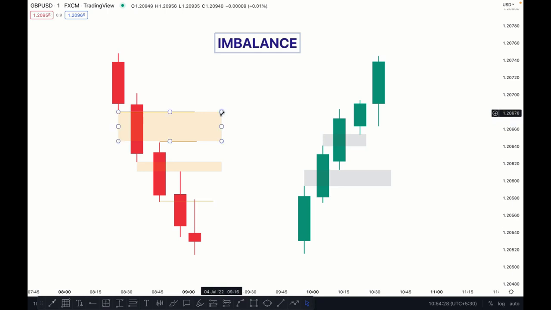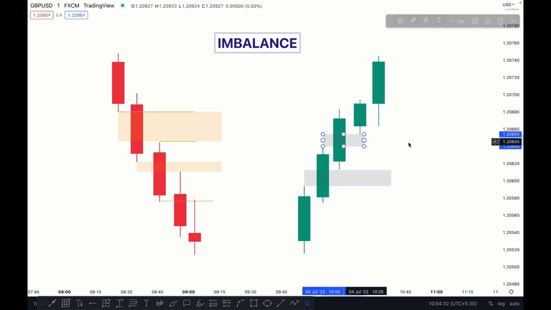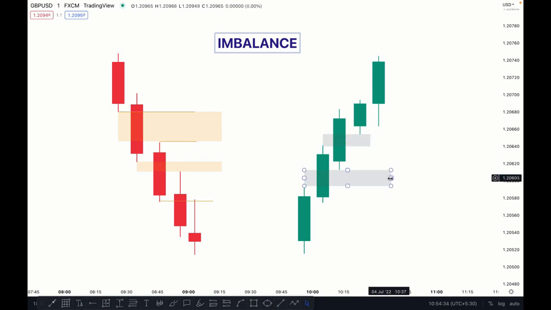Here you can see this is a larger imbalance, this is a minor imbalance, and same thing is here, and this is a medium imbalance, this is a little bit bigger imbalance, and this imbalance can be bigger or smaller, like here I'm showing you exactly, maybe an imbalance like this, right?